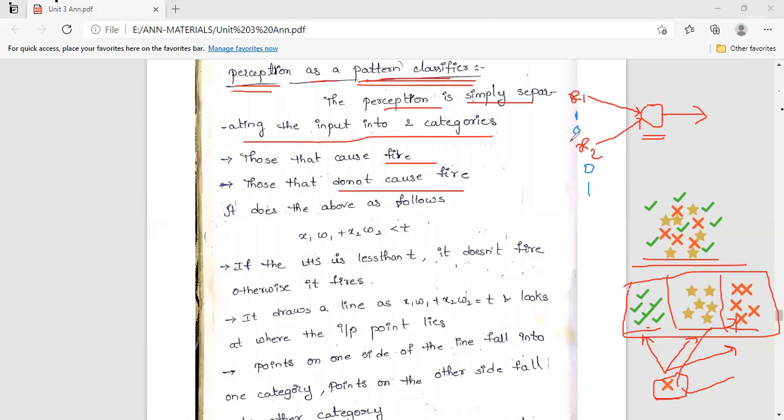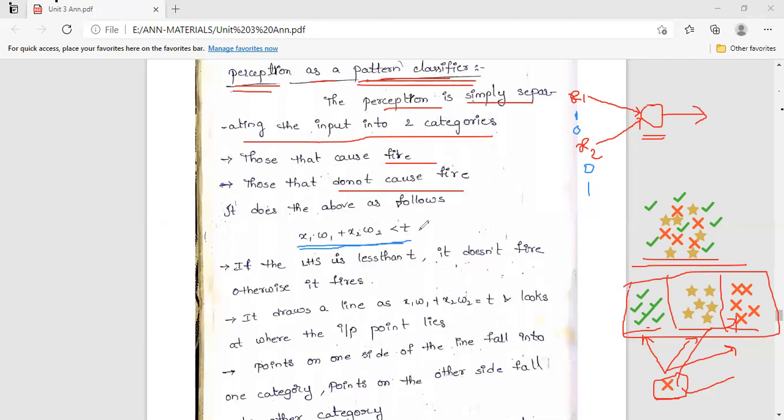So for this, we have one formula here. What is this? X1 into W1 plus X2 into W2 is less than T.